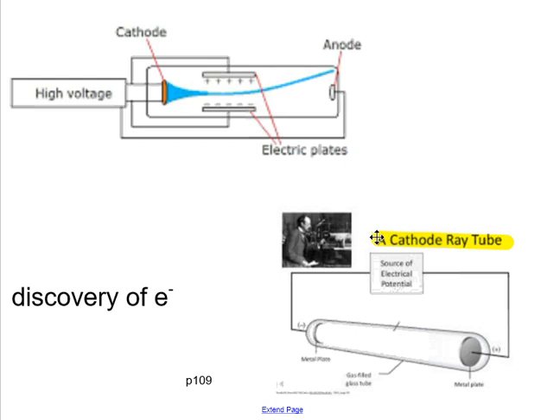You can see this beam of light going through the tube when he got the voltage going. And what he found very interesting was that if he subjected this stream of light to an electric field, it was attracted to the positive side of the field. And so he defined this beam of light as being electrons.